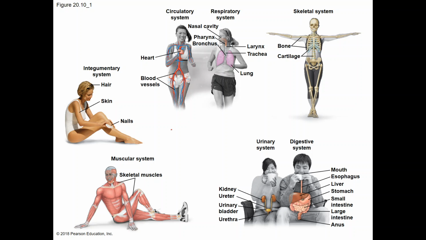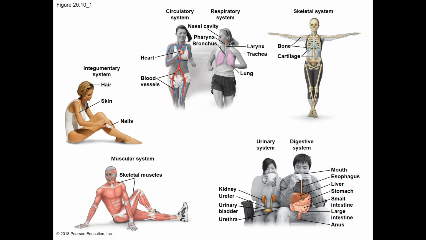So, an overview of the types of systems that we're talking about. The integumentary system is like the outside of our bodies, so it's our hair, skin, and nails. Our muscular system consists, again, of that muscle tissue.